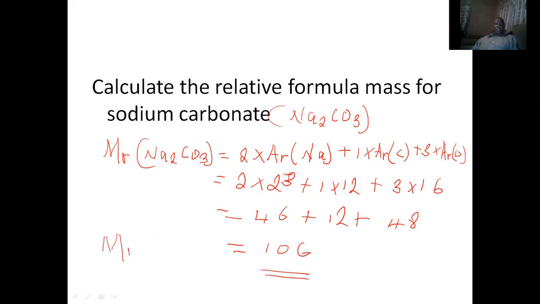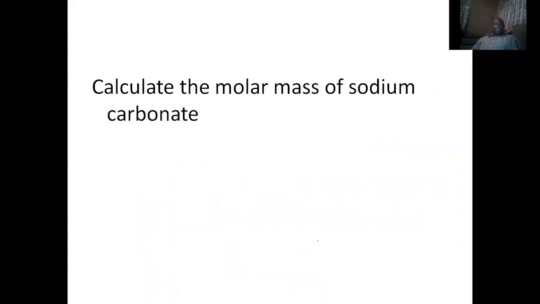It has no units at all. Okay, this is very, very important. So this is the relative formula mass or relative molecular mass for sodium carbonate, which is 106.